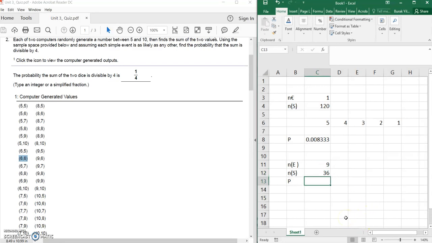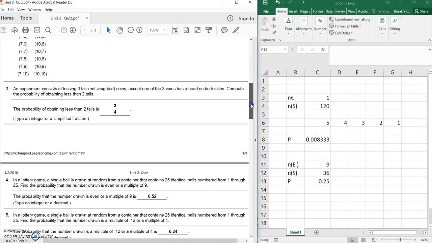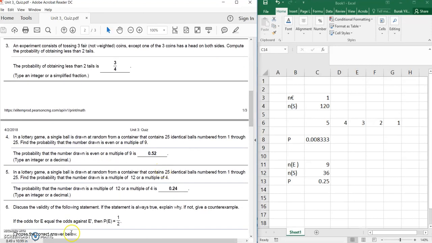So then the probability is, obviously, NE divided by NS. So 9 divided by 36, which is 0.25. So they want the answer as a fraction, and 9 over 36 simplified, or 0.25, is 1/4. So that's why we put 1 over 4. So moving on to question number 3.